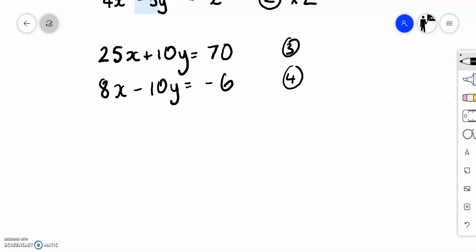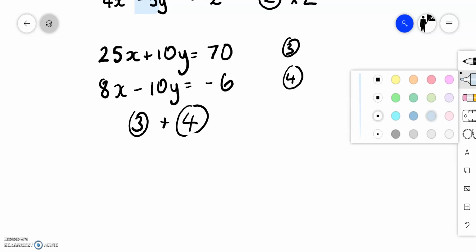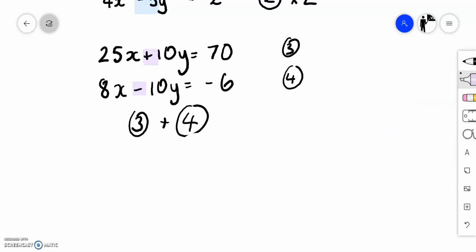See if we subtracted them, we would get 10y minus 10y, which would give us 20y. So we're not going to subtract them in this case, we are going to add. If we have a look in this particular case, the signs of the y's are different. When the signs are different, you're going to be adding.